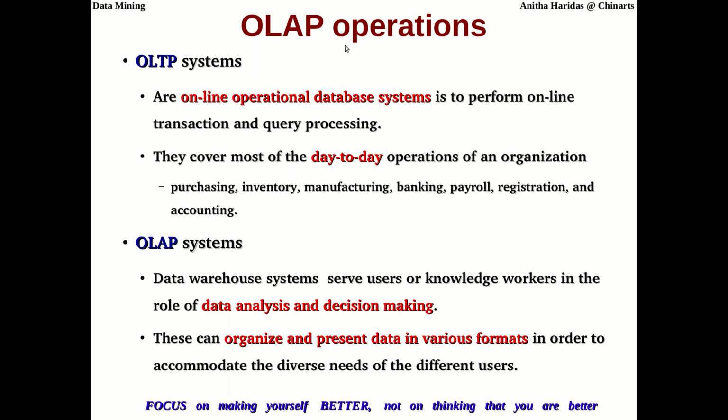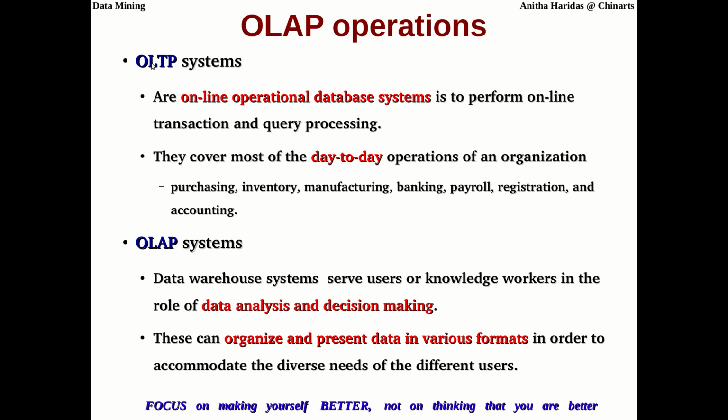So before we get into the different operations, let us see the basic difference between OLTP and OLAP systems. Online transaction processing system, online analytical processing system. The online transaction processing systems are online operational database systems. These are used to perform online transaction and query processing.